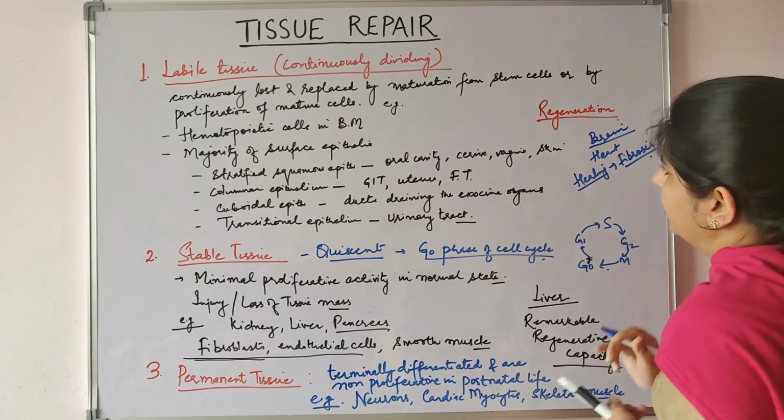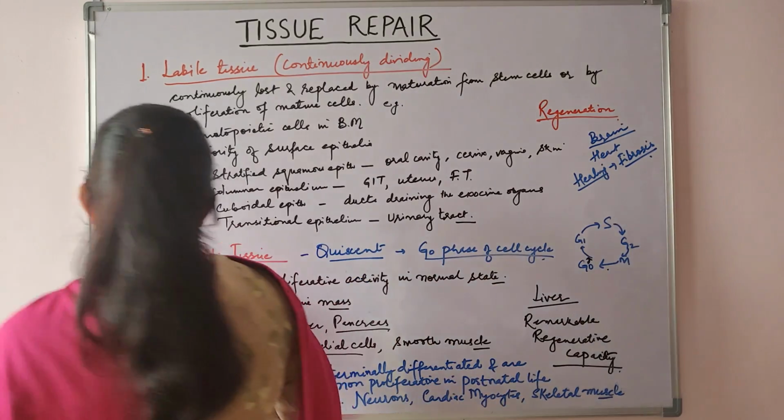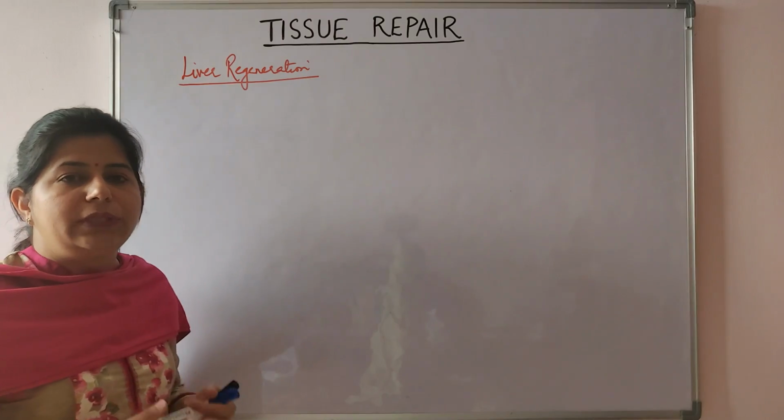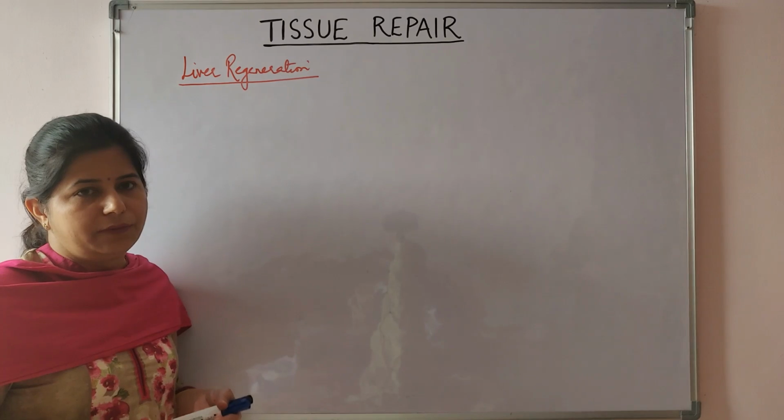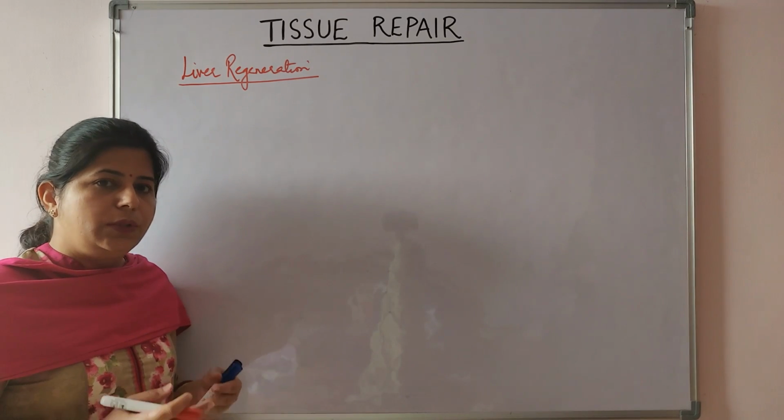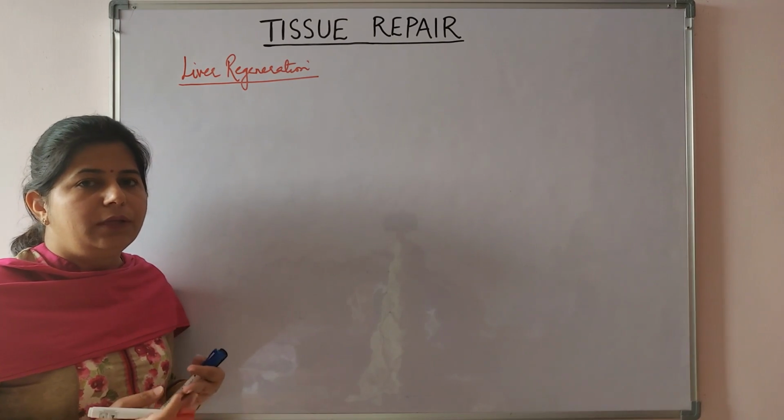So now let's see how liver regenerates. We know that hepatocytes have remarkable capacity to regenerate and liver can grow after partial hepatectomy. Two mechanisms play an important role in regeneration.